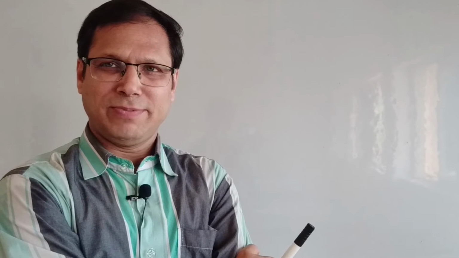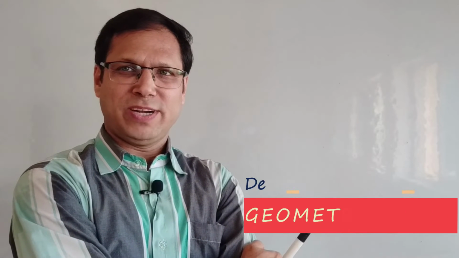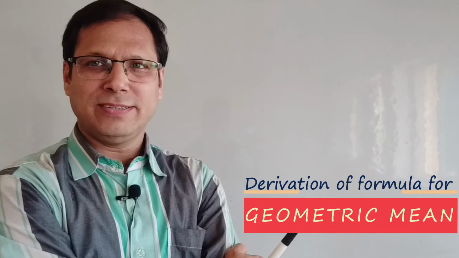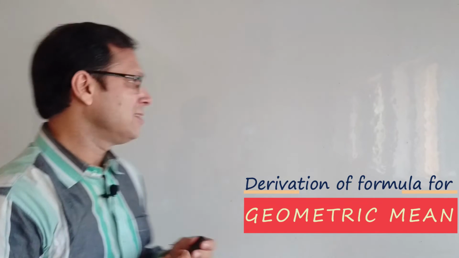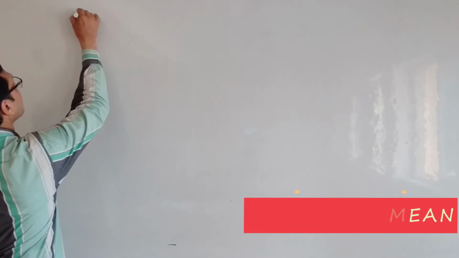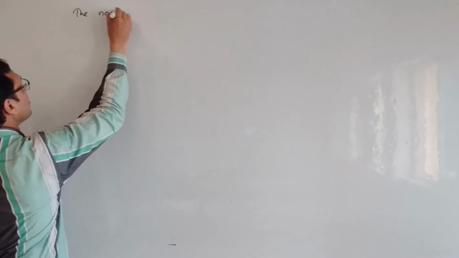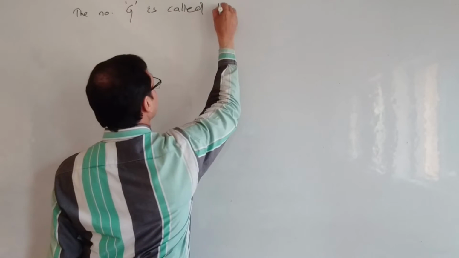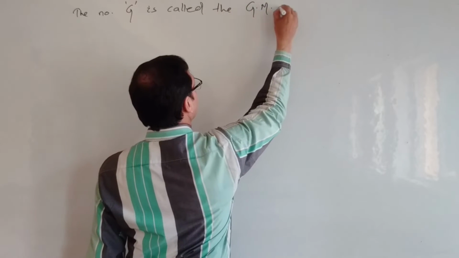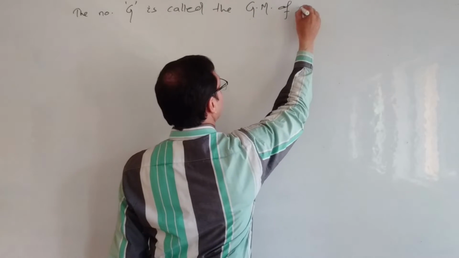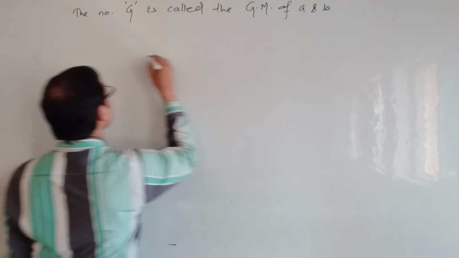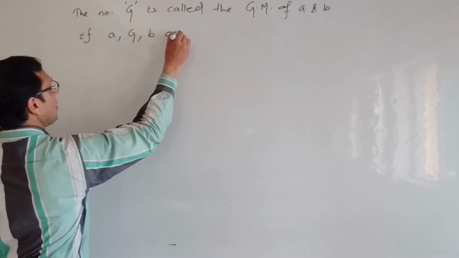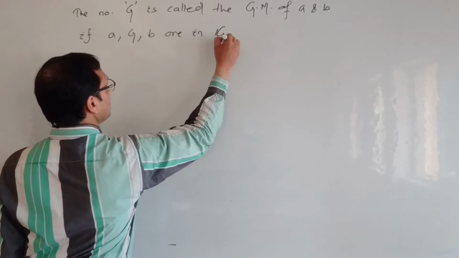Now we'll take geometric mean. The number g is called the geometric mean of the two numbers a and b if a, g, b are in geometric progression. That is, the number g is called the GM or geometric mean of the numbers a and b if a, g, b are in GP.